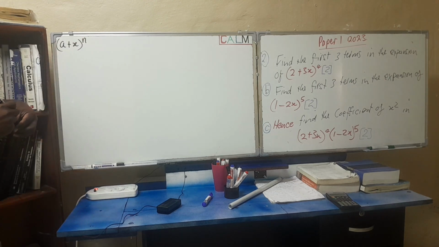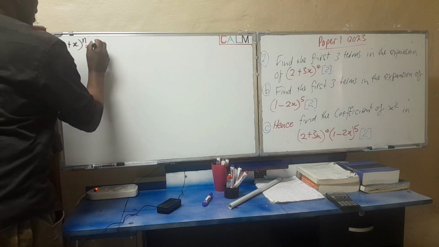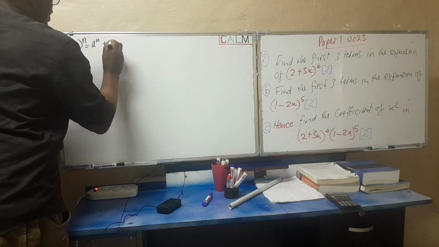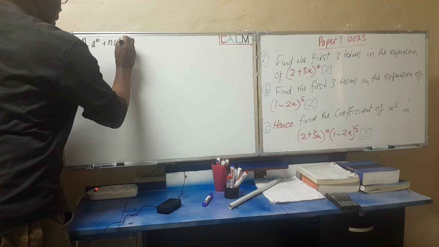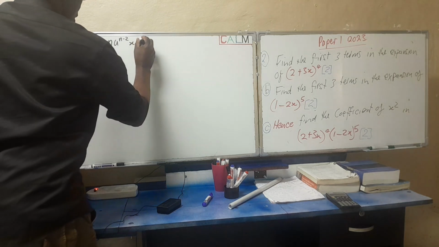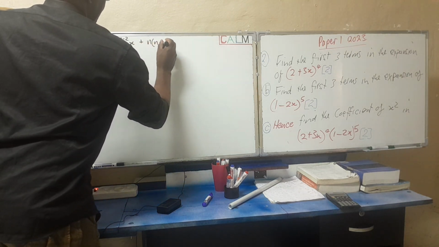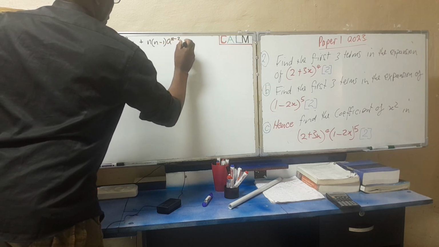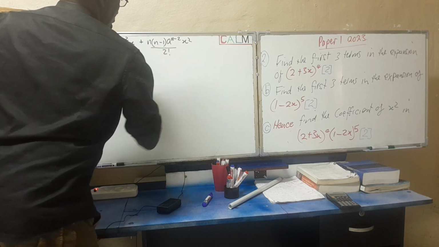The binomial theorem says this is equal to a^n plus n a^(n−1) x plus n(n−1) a^(n−2) x², all over 2 factorial.